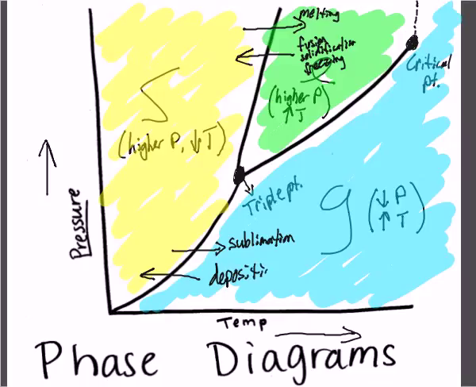That's probably a new term for you guys before we start this unit. And then over here, we go from the liquid to the gas, which is known as, what is it? Not evaporation, vaporization. And as we go back from gas back to a liquid, what is that called? Condensation.